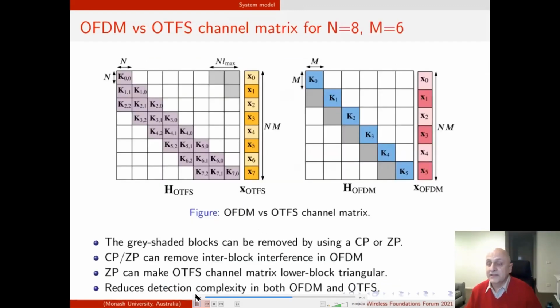This slide shows the input-output relation for both OTFS and OFDM in the vectorized format.